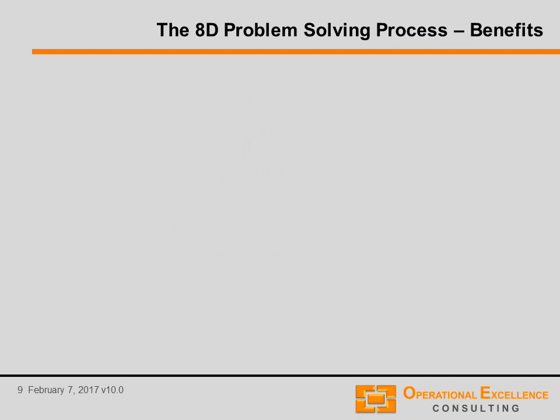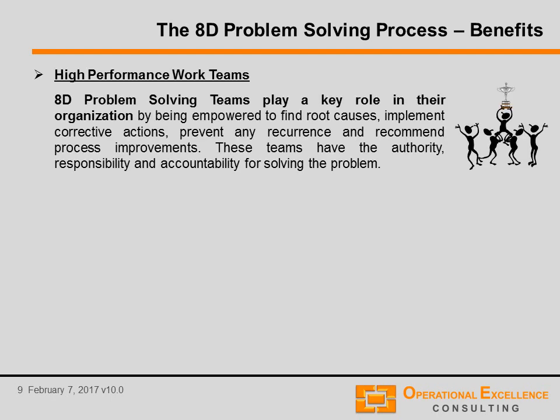Now let's look at some of the benefits organizations see as a result of implementing the 8D problem-solving process. One key objective organizations have is to build what we call high-performance work teams. Teams that are able to solve the problems by themselves.